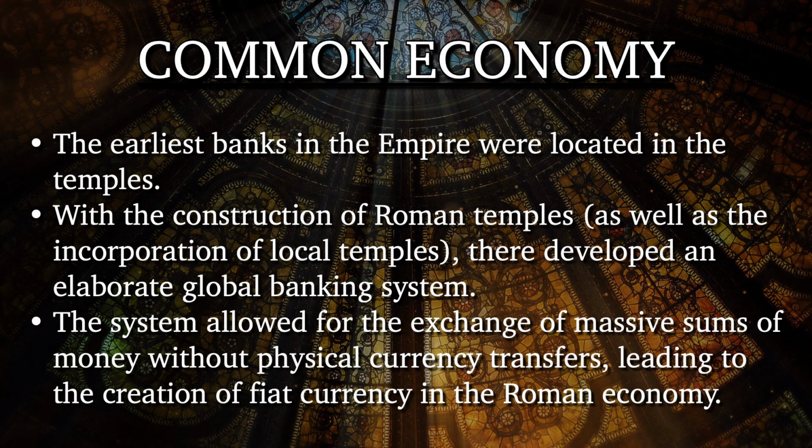By having it operate through the temples, it allowed for vast financial transactions to occur across massive distances, obviously in a time before the internet, and it therefore created a system of loaning out more money than you actually have in reserve. And it's in that context that we find the creation of fiat currencies.